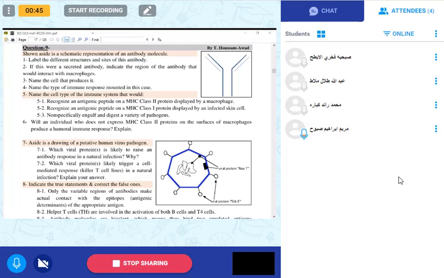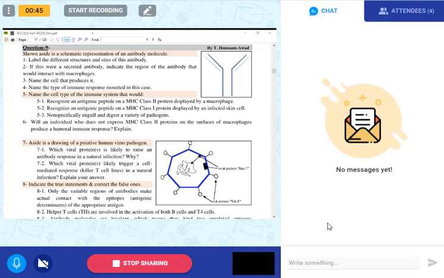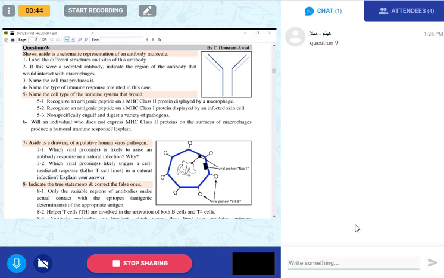Shown aside is a schematic representation of an antibody molecule. Label the different structures and sites of this antibody. Okay, label the different parts of this antibody. So, let's start labeling, Maryam, by color.